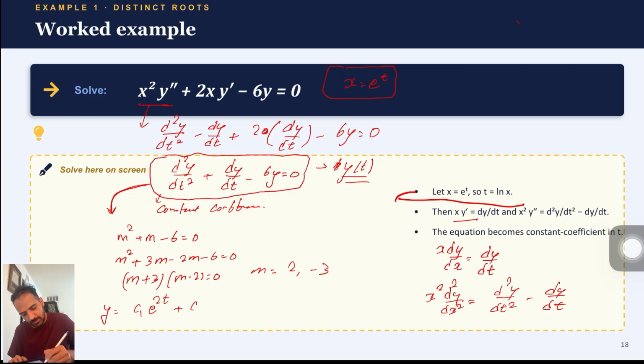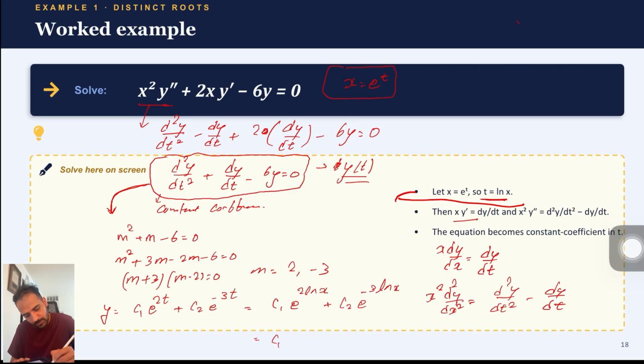And the next will be c2 e^(-3t), right? But our question has asked with the independent variable of x, so we have to convert the t into the x ultimately. So t is nothing but ln x: 2 ln x plus c2 e^(-3 ln x).